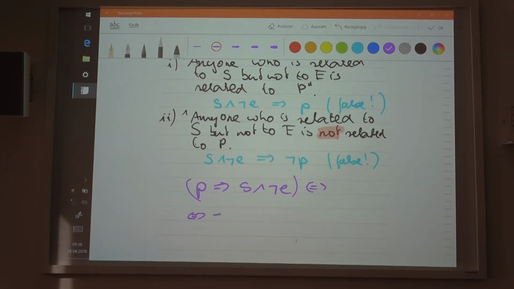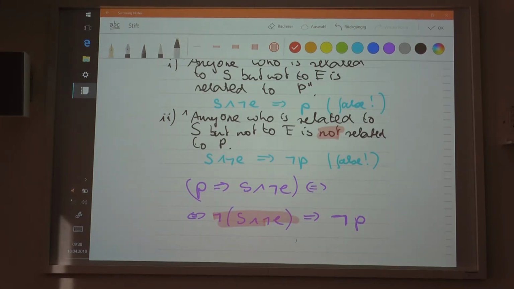So if the negation of this statement is not true, then the negation of the other statement is not true either. So here you see that the negation of the statement implies the negation of P, but not the statement S and not E itself. You understand?